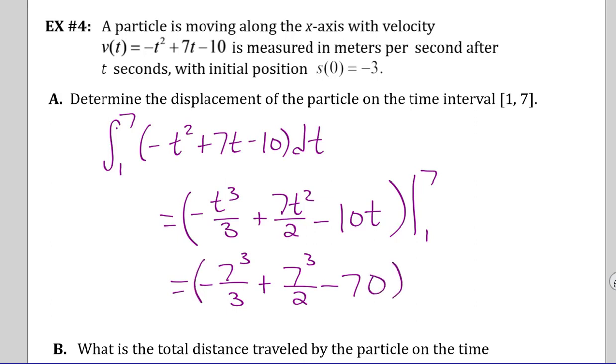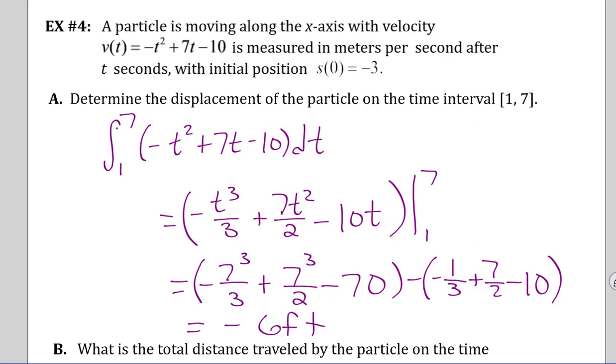That's what I get when I plug in 7, minus negative 1 over 3 plus 7 over 2 minus 10. When you do that in your calculator, you should come up with negative 6 feet. So if this thing is moving along the x-axis, then it's moved in the negative direction, or to the left. We might think of it that way, since we got this negative displacement.